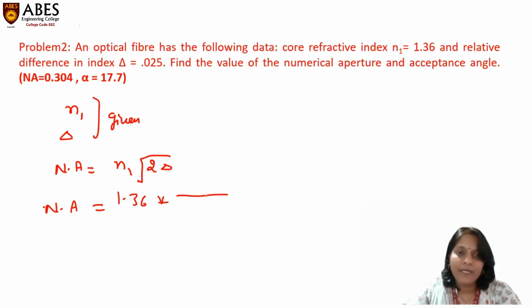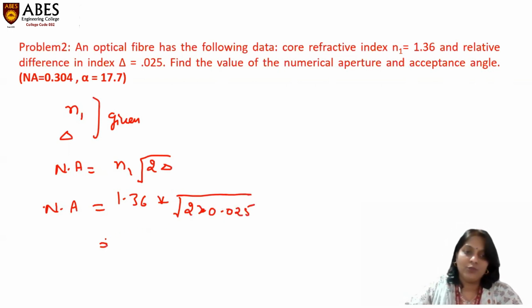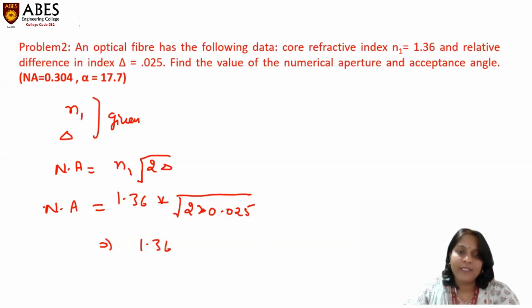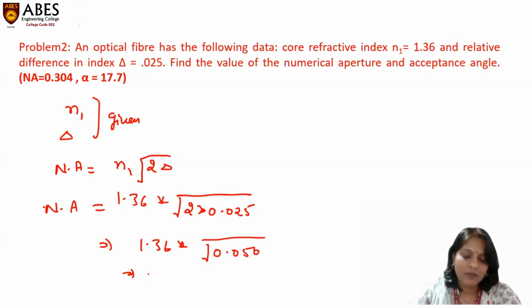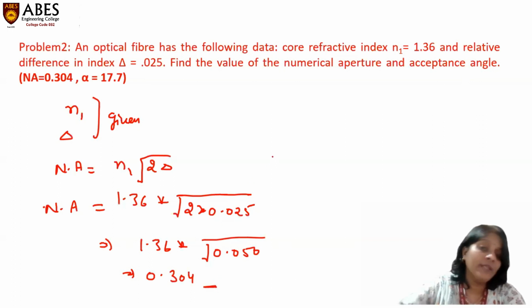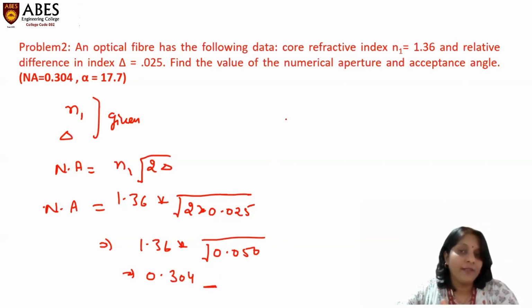So 1.36 multiplied by the square root of 2 into 0.025, which is 1.36 multiplied by the square root of 0.050. Calculating with the calculator, we get the numerical aperture as 0.304. There is no unit of the numerical aperture. It is only the light gathering capacity, 0.304 on a scale of 1.